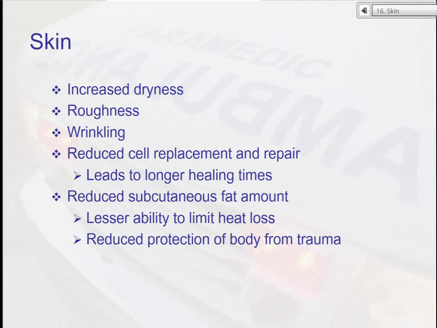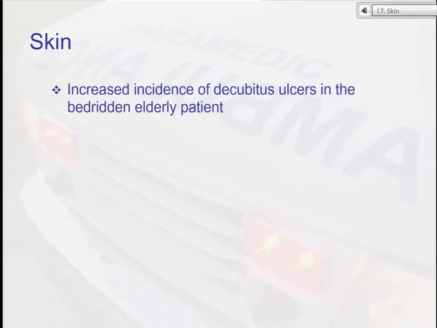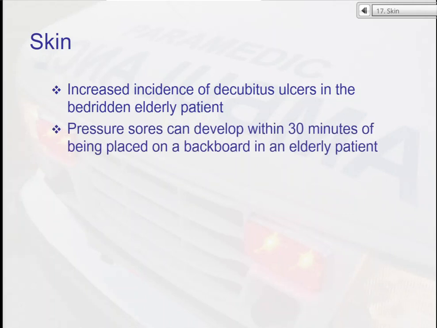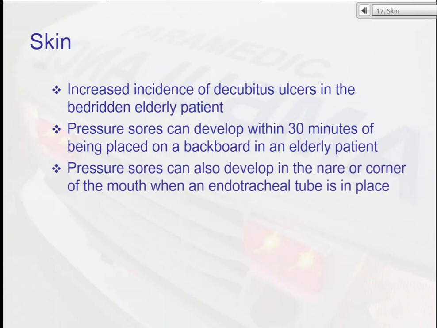They're at higher risk of hypo and hyperthermia. There's reduced protection of the body from trauma, and an increased incidence of decubitus ulcers in bedridden patients. Pressure sores can develop in as little as 30 minutes when they're placed on the backboard. Another reason to avoid the backboard or get them off the backboard fairly quickly.